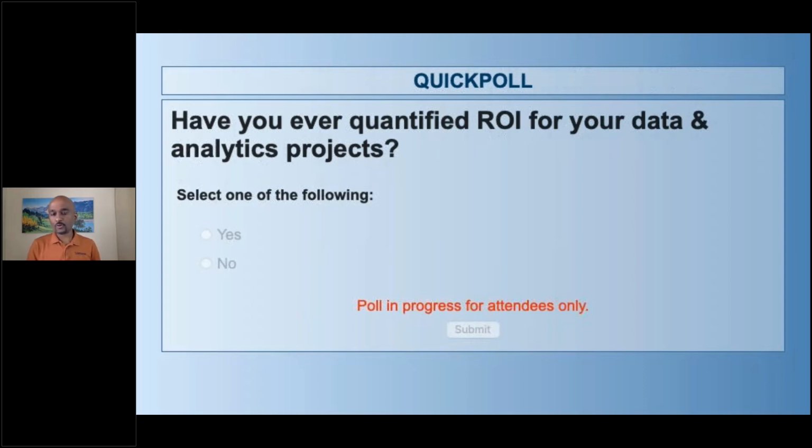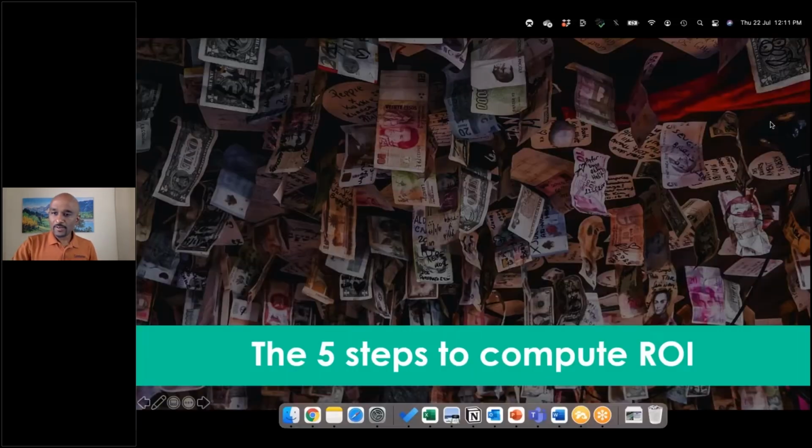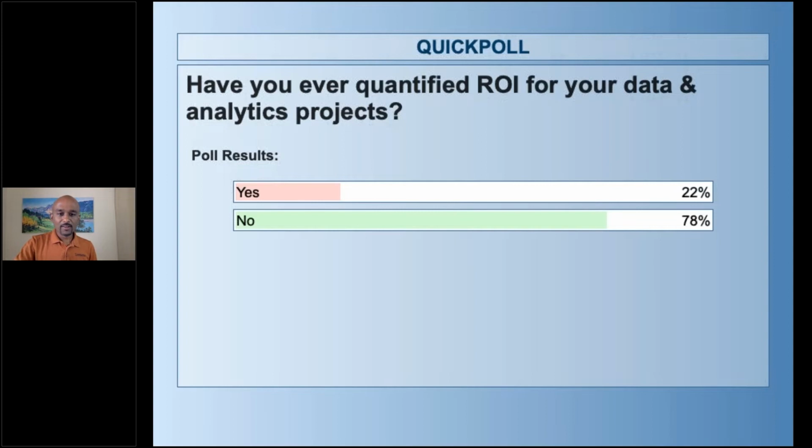I see a lot more no's so far. We'll give it a couple of seconds. And meanwhile, if you have any questions, like Sanish mentioned, do put it into the chat window. I think we'll try and take it when we pause for polls. Otherwise, we'll answer all of them at the end. Let me close the poll and share the results. 78% say no.